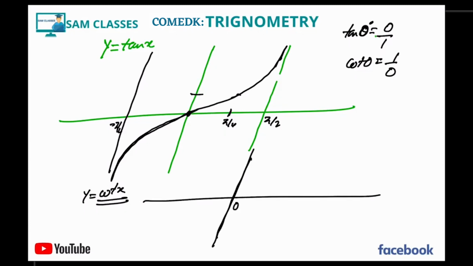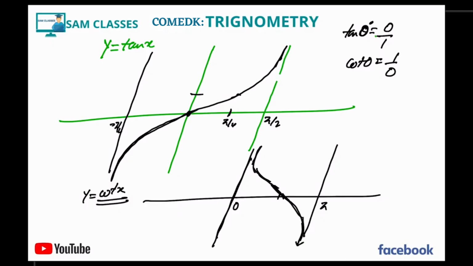Now when does it again go to infinity? At pi, 180 degree, because sine value at pi is what? 0. So cot is nothing but cos by sine. So 1 by 0. So what happens? It comes like this here from infinity. At 45 it is 1. At 90 it is what? 0. And then it goes down like this.